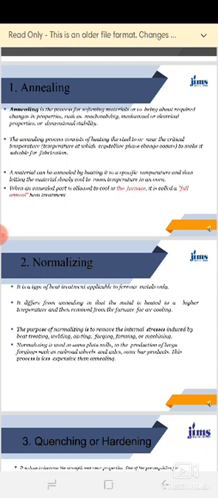Normalizing is used in some plate mills, in the production of large forgings such as railroad wheels and axles, and some bar products. This process is less expensive than the annealing process, so it is a bit more economical as compared to the annealing process.